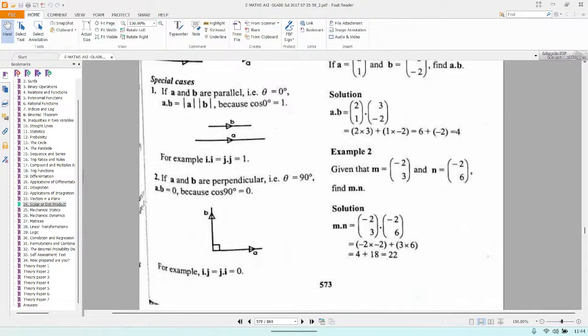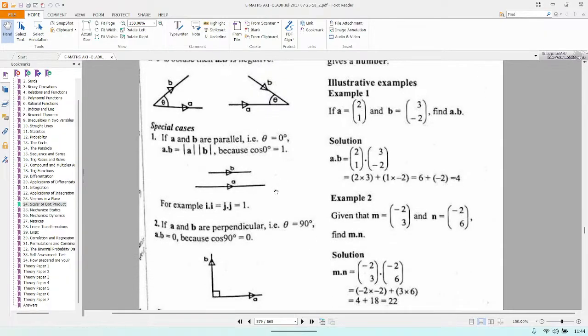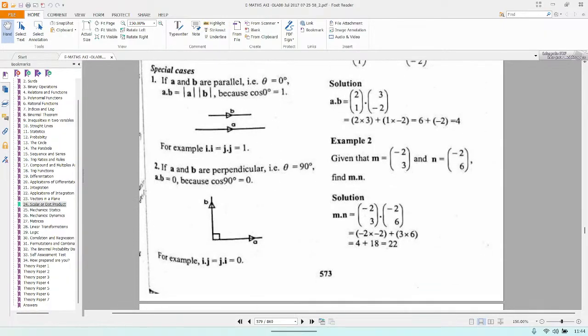A dot B equals magnitude of A times magnitude of B cos 90, because the angle between them is 90. So the dot product of two perpendicular vectors is zero. But the dot product of two parallel vectors, cos 0 becomes what? One. Do you understand? Should I go through again?